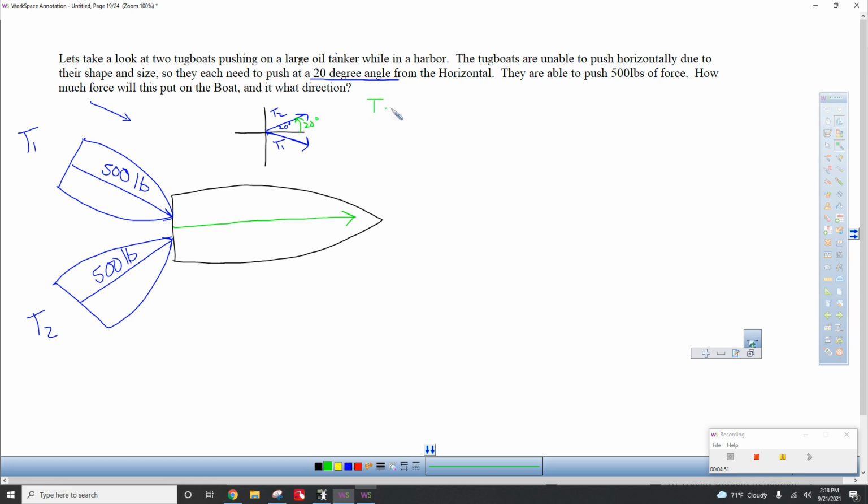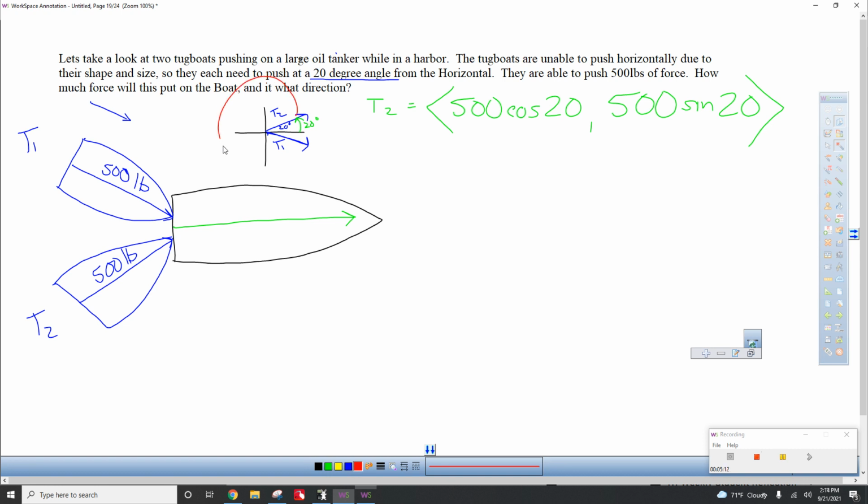So we can say that T2 is 500. Remember that cosines are your x values. So 500 times the cosine of 20, comma, 500 times the sine of 20. Now, what is our direction angle going to be for T1?